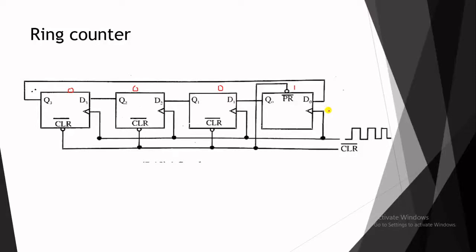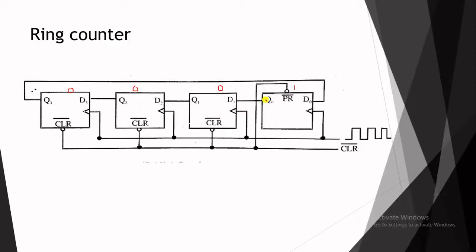Then we apply the first clock pulse to this counter, and it shifts to the left side. After the first clock pulse, the 0 is fed back to the first flip-flop and the first flip-flop's output is given to the second flip-flop's input.